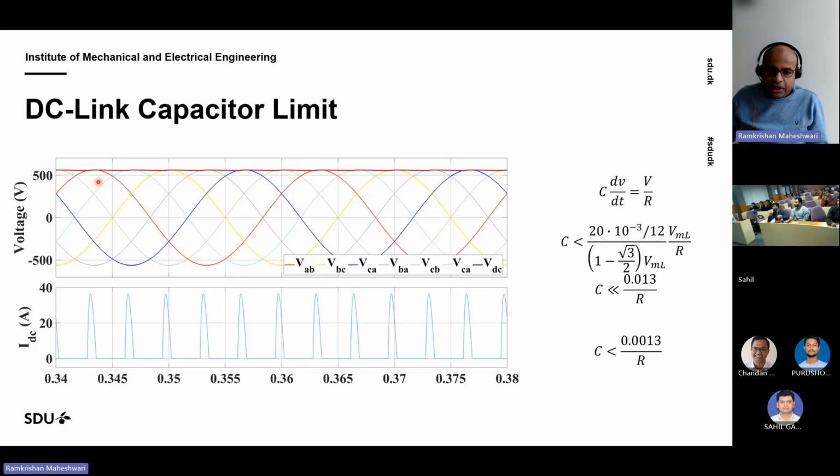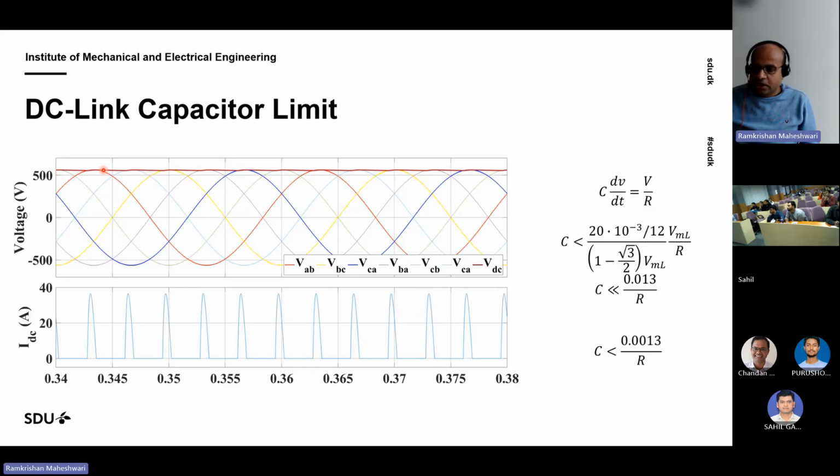So what one can do is define the value of the DC-link capacitor in such a way that it tracks the voltage waveform, which is the highest voltage level of the line to line. So we track this voltage.